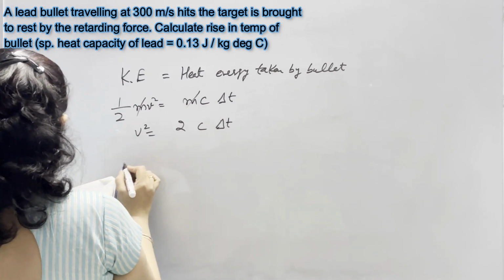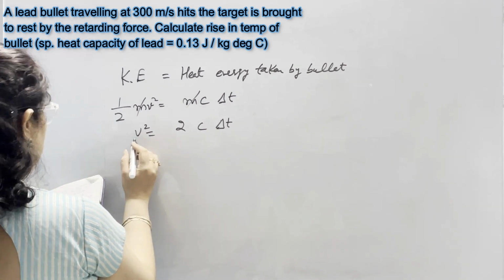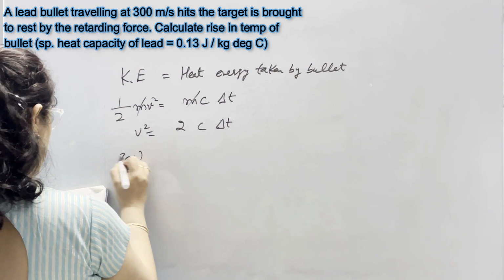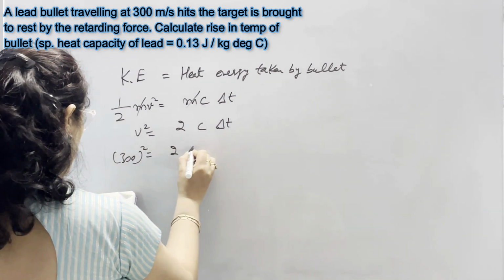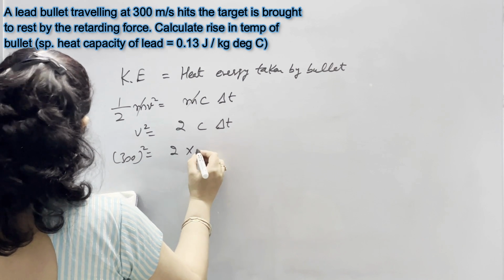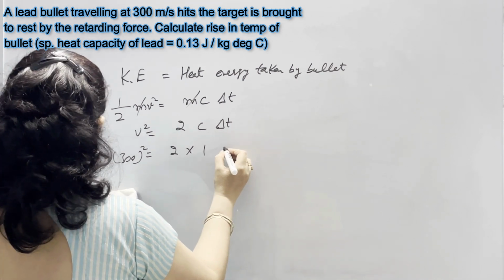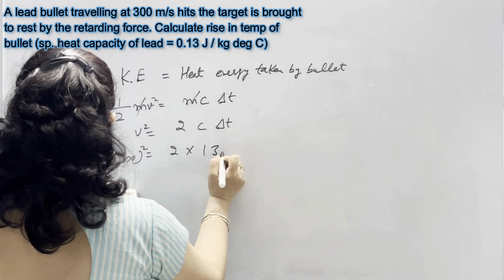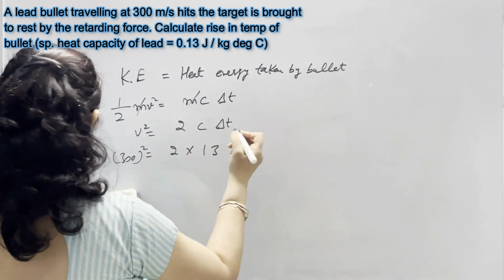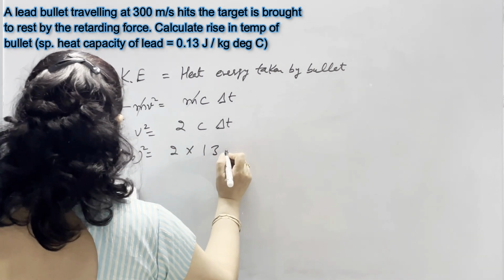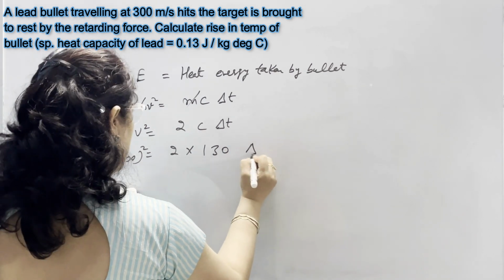Here values are given. Value of v is given as 300, so 300 square is equal to 2 into value of c, which is given as 0.13. So converting to gram, 130, and then delta t.